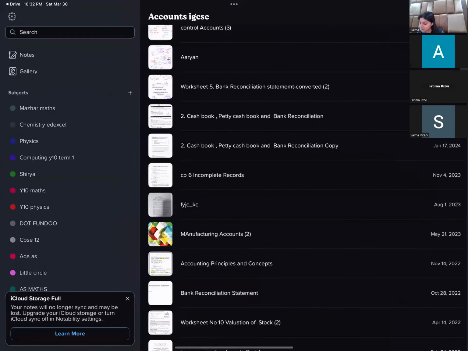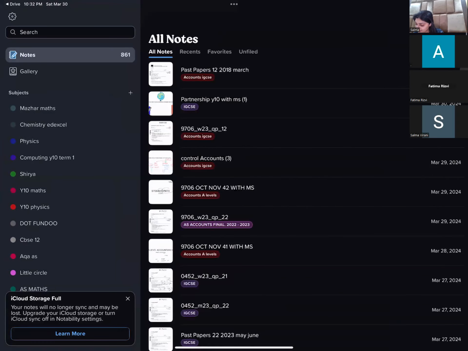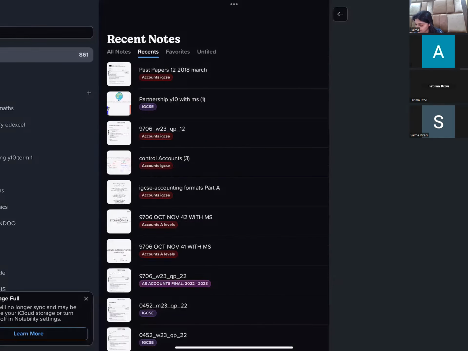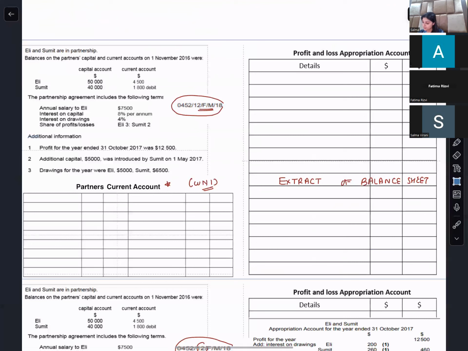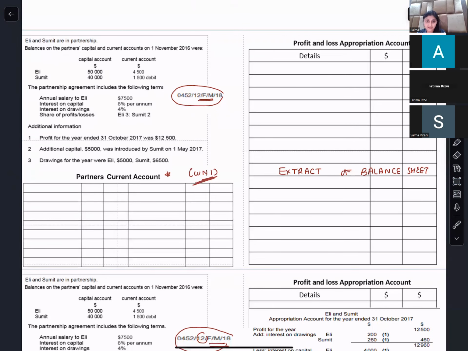So they want the profit and loss appropriation account and the extract of the statement of financial position. This I will make by myself as a working note. Okay? You with me?